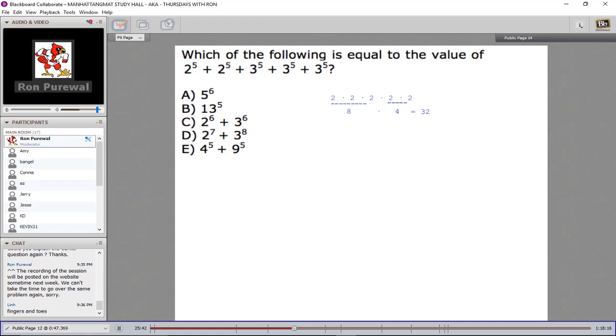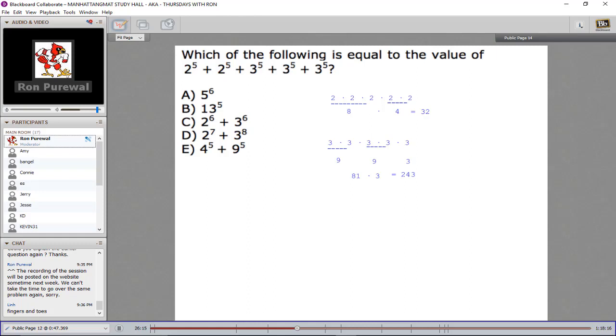And then 3 times 3 times 3 times 3 times 3. So this is 9. This is also another 9. And this is 3. So this is 81 times 3. 80 times 3 is 240, so this is 243. These are not big numbers, guys. This is very doable in a short time.